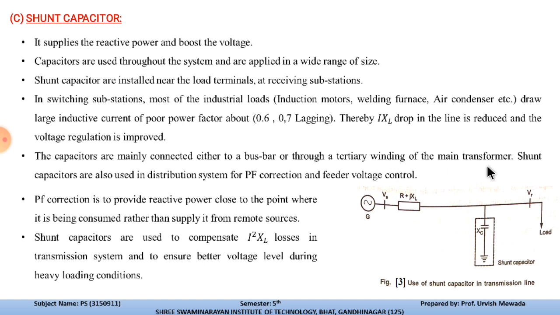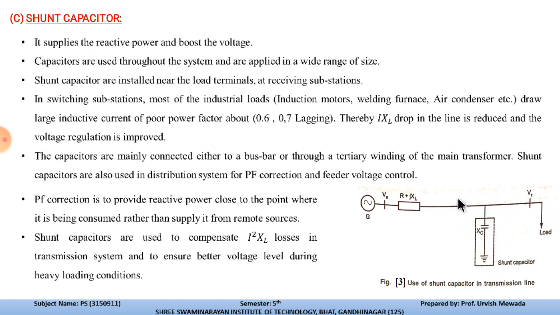By using the capacitor at the bus bar and the tertiary winding, we can reduce the effect of the inductive reactance at the load terminal of the transmission system.